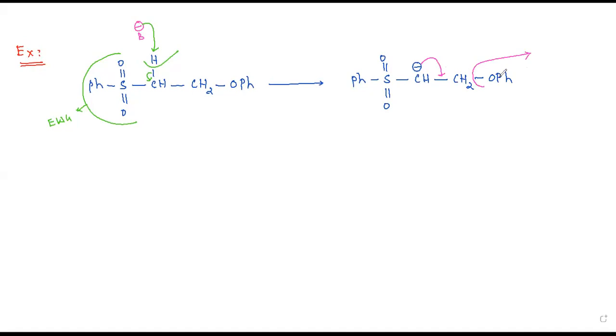I've taken a different leaving group. Now here the carbanion, of course, is stabilized by the electron withdrawing group. This is the electron withdrawing group.